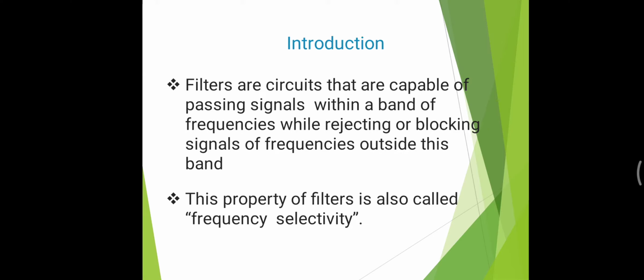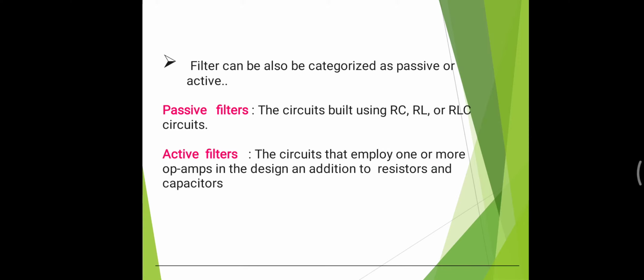These are the main themes of filters. Filters can also be categorized as passive or active. Passive filters are circuits built using only RC, RL, that means resistance, capacitance and inductance.